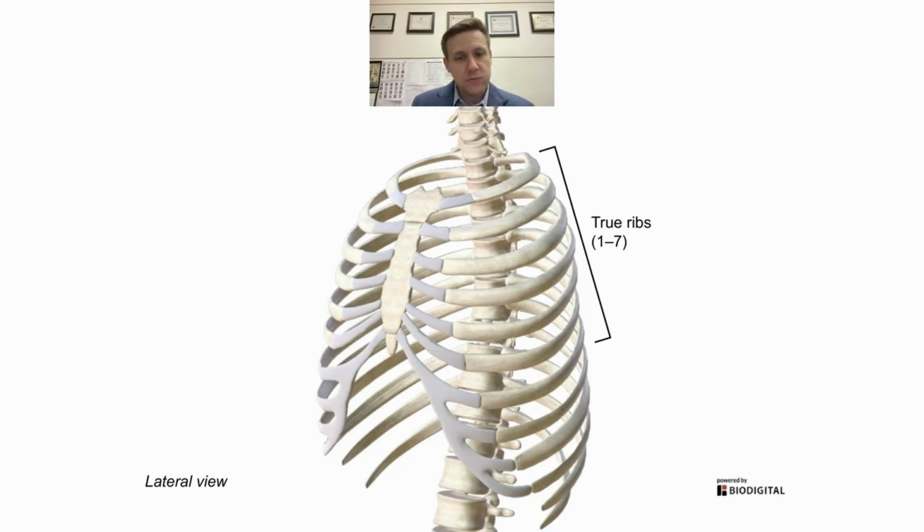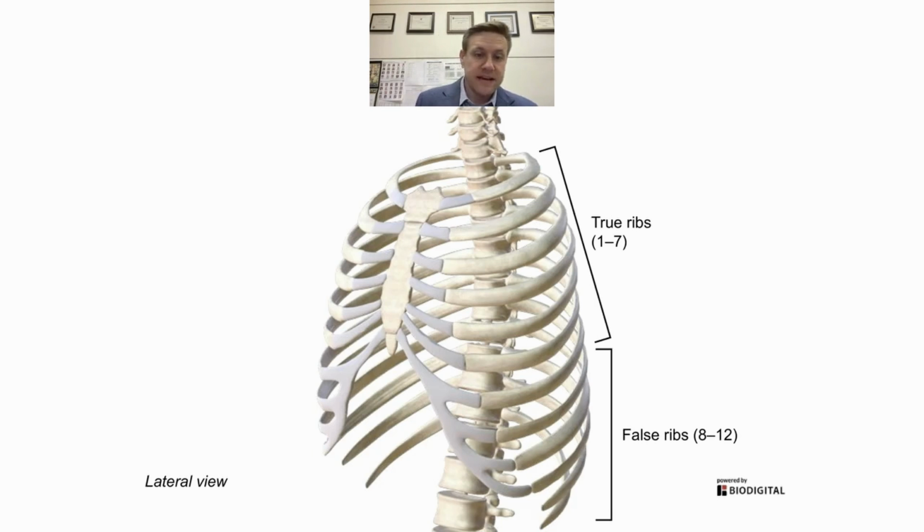But by the time we get to rib 8, we see something's a little different. So these ribs we call false ribs because, as you can see here with rib 8, its costal cartilage has to attach to the costal cartilage of rib 7 above it. Similar for the ones below it.